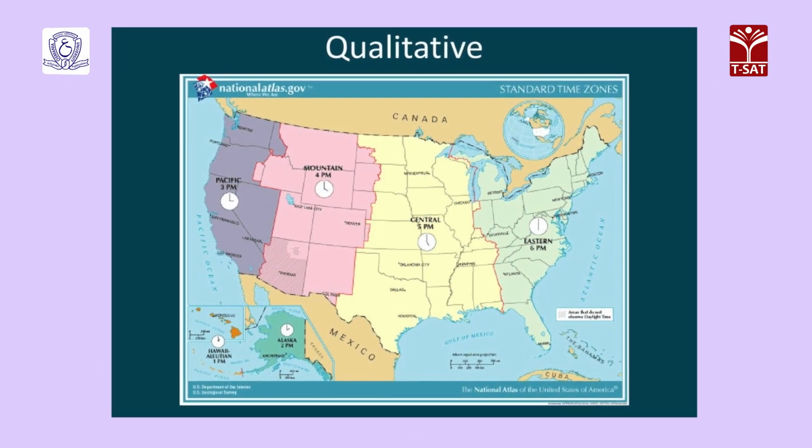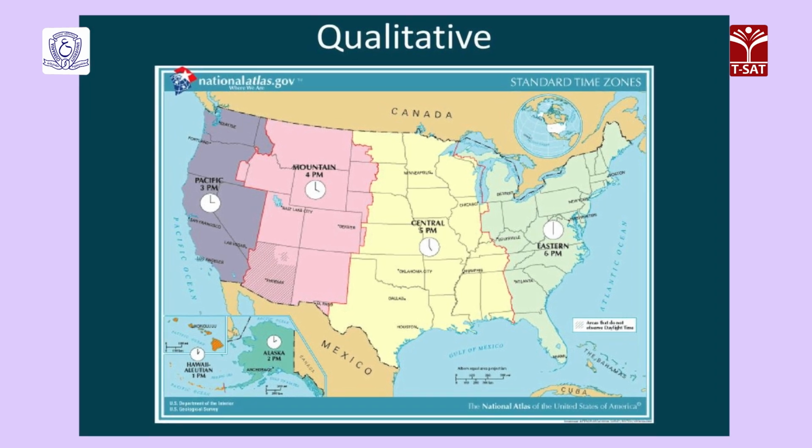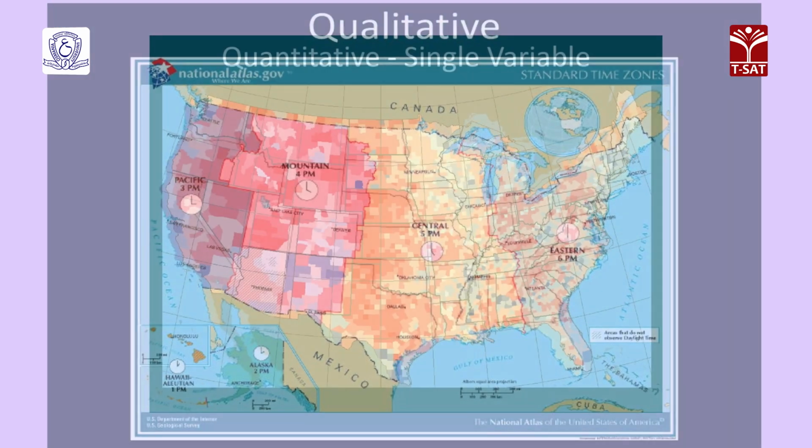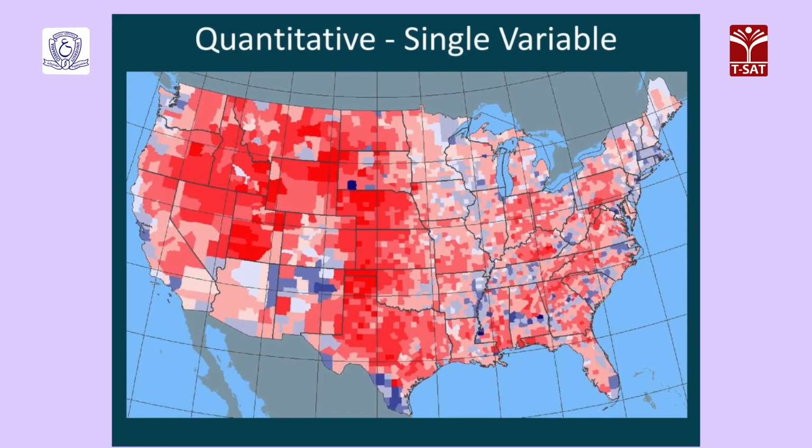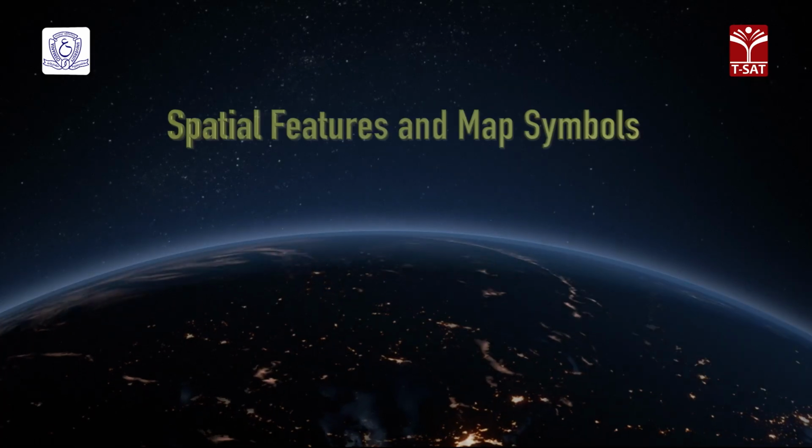A qualitative map displays different types of data, such as vegetation types, whereas a quantitative map communicates ranged or numeric data, such as city population. Regardless of the type of the map, cartographers present the map data to the map reader by using symbols, colors, data classification and generalization.